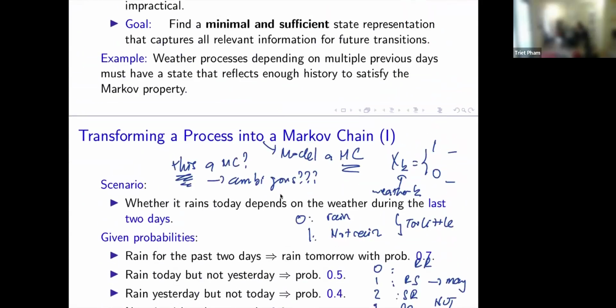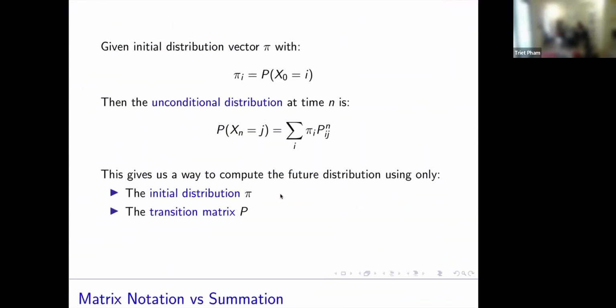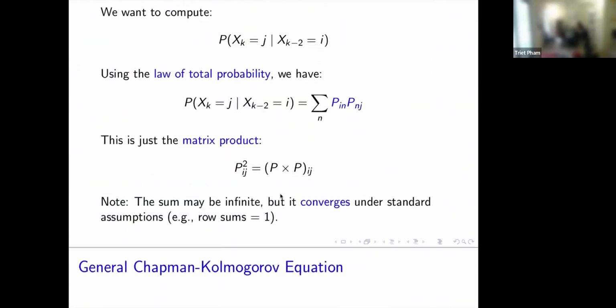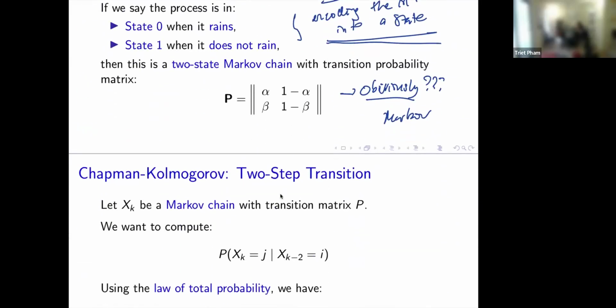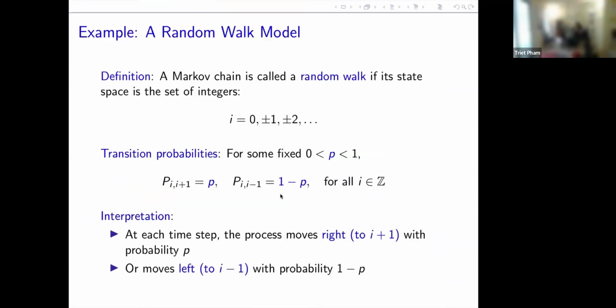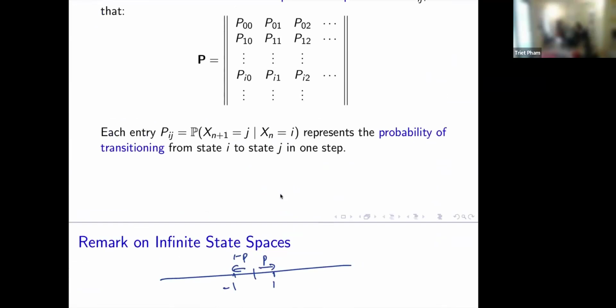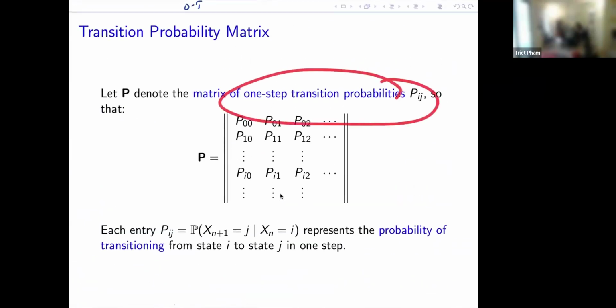Okay. So now let's go back to a very important topic: Chapman-Kolmogorov. An easy motivation for Chapman-Kolmogorov is, notice that P is a one-step transition matrix.